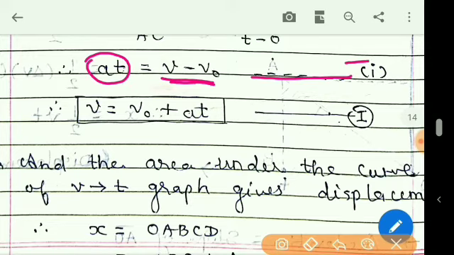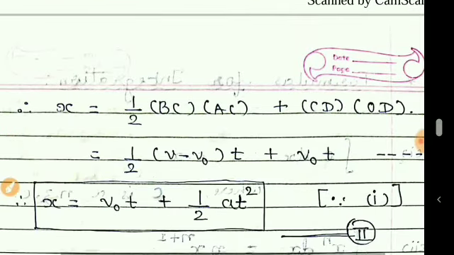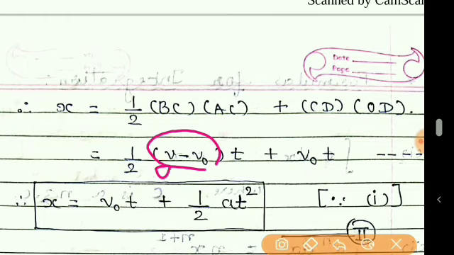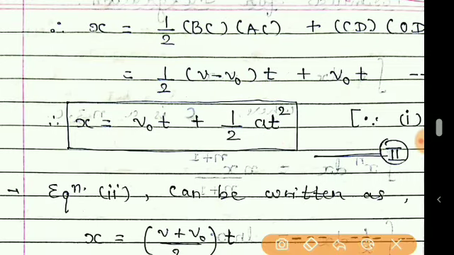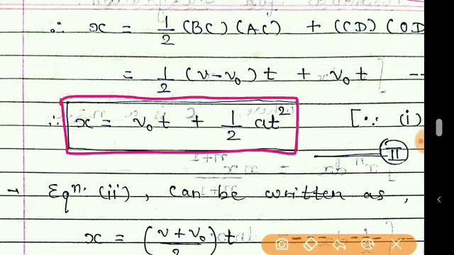So from equation 1 we will write AT in place of V minus V naught. In place of V minus V naught we have simply written A into T, but already one T is there. So T into T is T square. So AT square and half as it is. So we got a second important kinematic equation. X is equal to V naught T plus half AT square. So this is the second important kinematic equation.